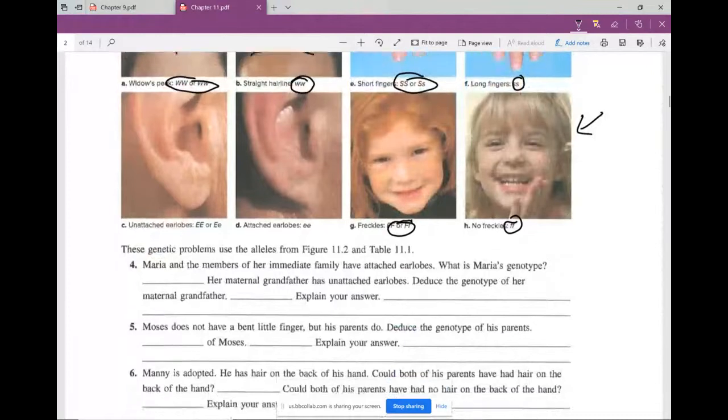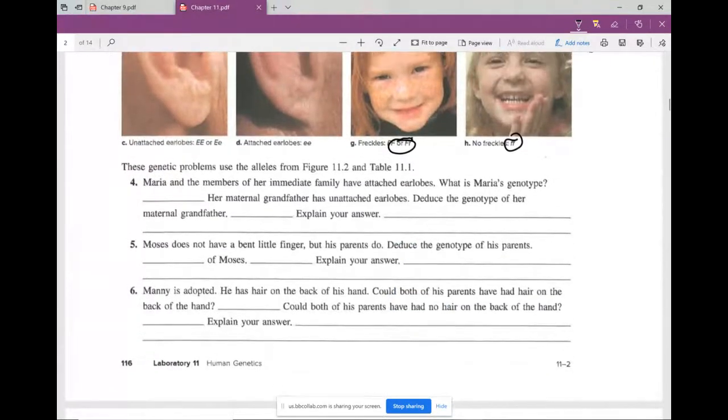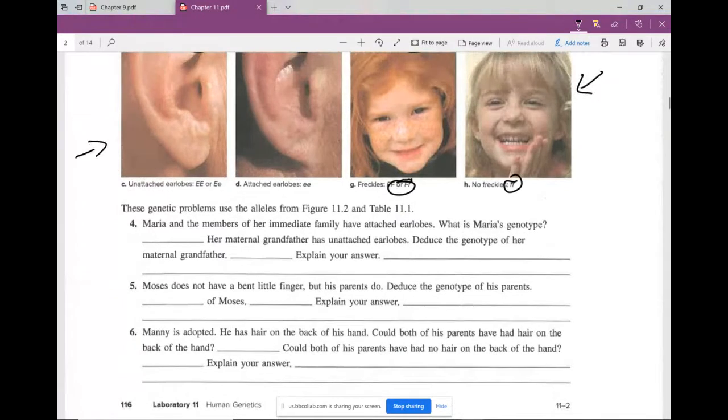Okay, so here are some questions. Maria and the members of her immediate family have attached earlobes, so here we're talking about this. What is Maria's genotype? Okay, Maria and the members of her immediate family, it's her mom or dad and her siblings if she has any, have attached earlobes. That's this.